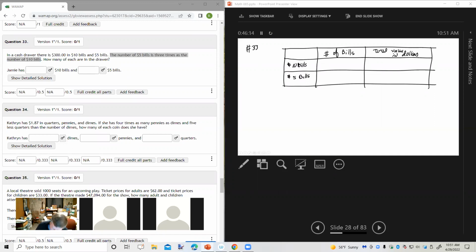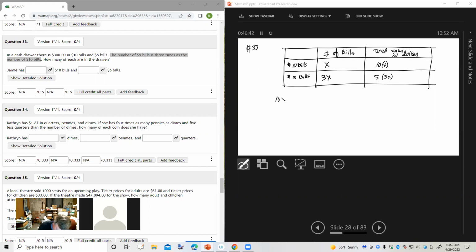So the 5s would be 3 times X. A $10 bill is worth $10, so X of them would be worth 10 times X. A $5 bill is worth $5, so 3X of them would be worth 5 times 3X.